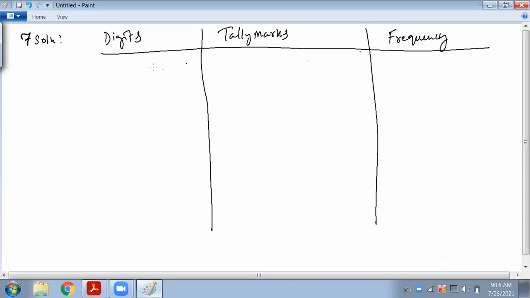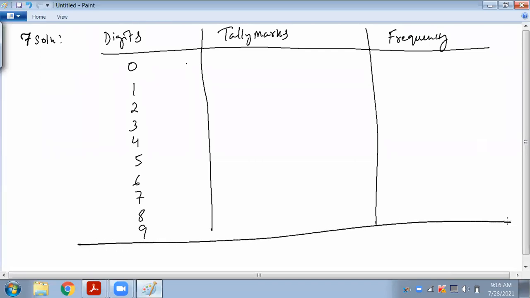The digits are 0, 1, 2, 3, 4, 5, 6, 7, 8, 9. Here the frequency table will be of ungrouped data, so there will be no class interval.